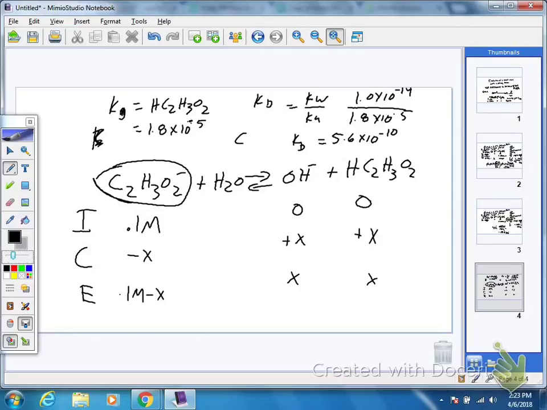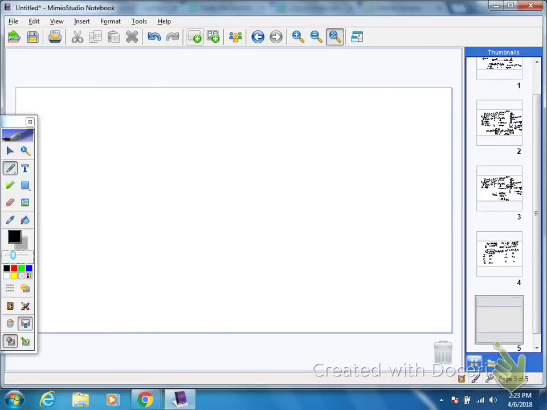And that's of your acetate ion, which would be your conjugate base of the acid. So then when you solve for X, you're going to take 0.10 molarity minus X. This is X squared.